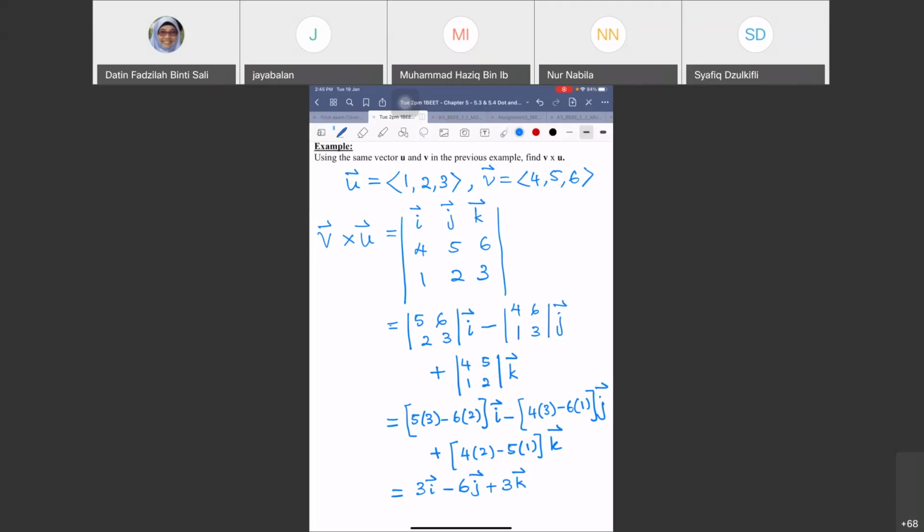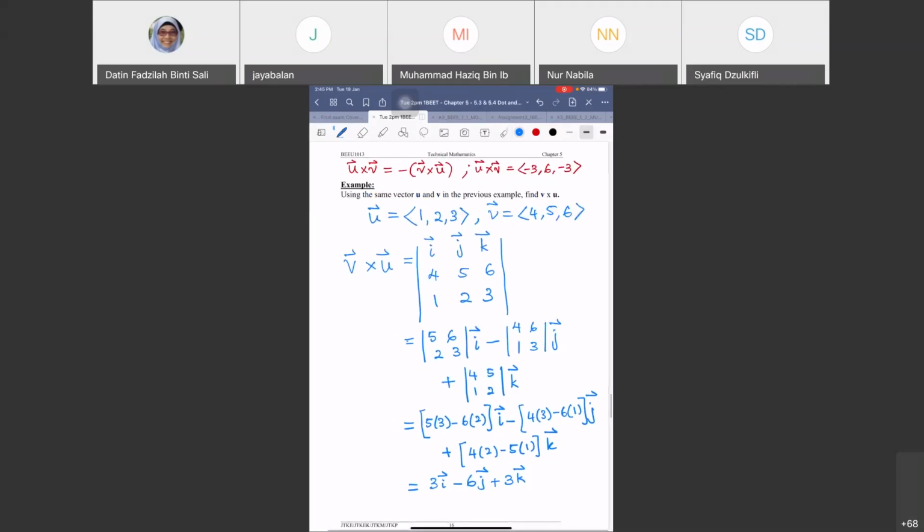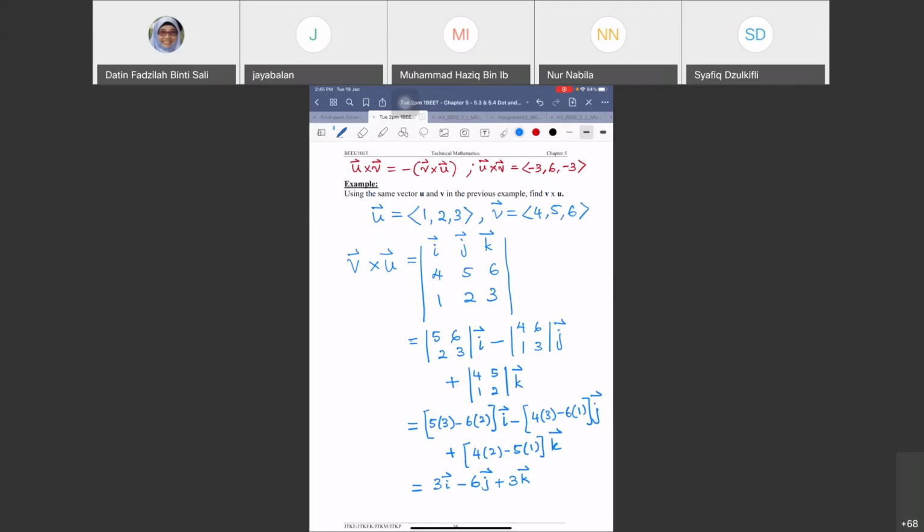If we compare with our answer just now, U cross V is minus 3, 6, minus 3. So this is the same, and this is the final answer. You can just stop here, and if everything is correct, it's correct.